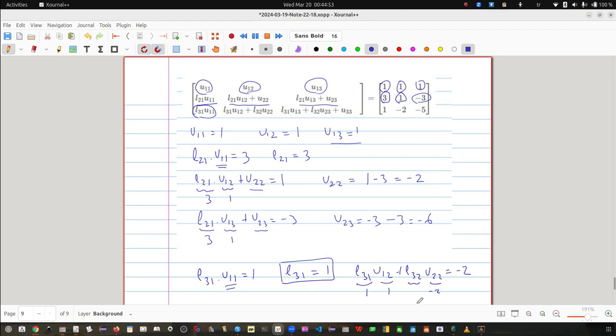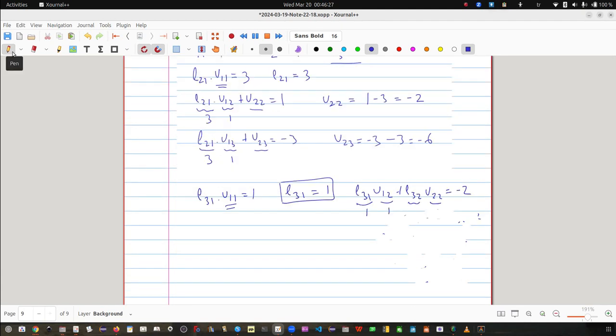From here, we find 1 minus 2 L32 is equal to minus 2. Minus 2 L32 is equal to minus 3. L32 is equal to 3 over 2.